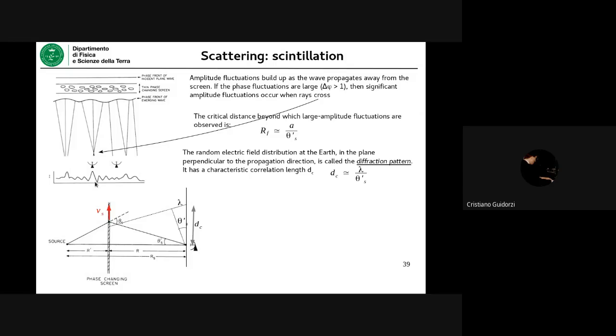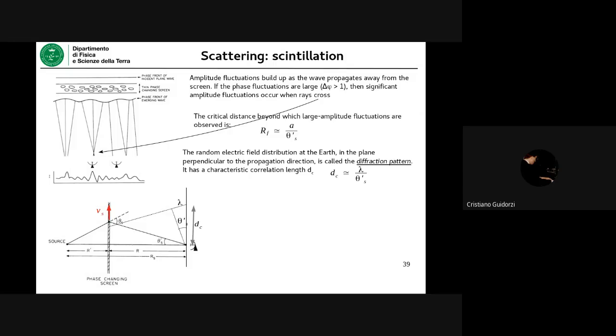But if you take them close enough, of course, at some point, provided that you take them very close, the intensity cannot change too widely between them. So in that case, there is a correlation.